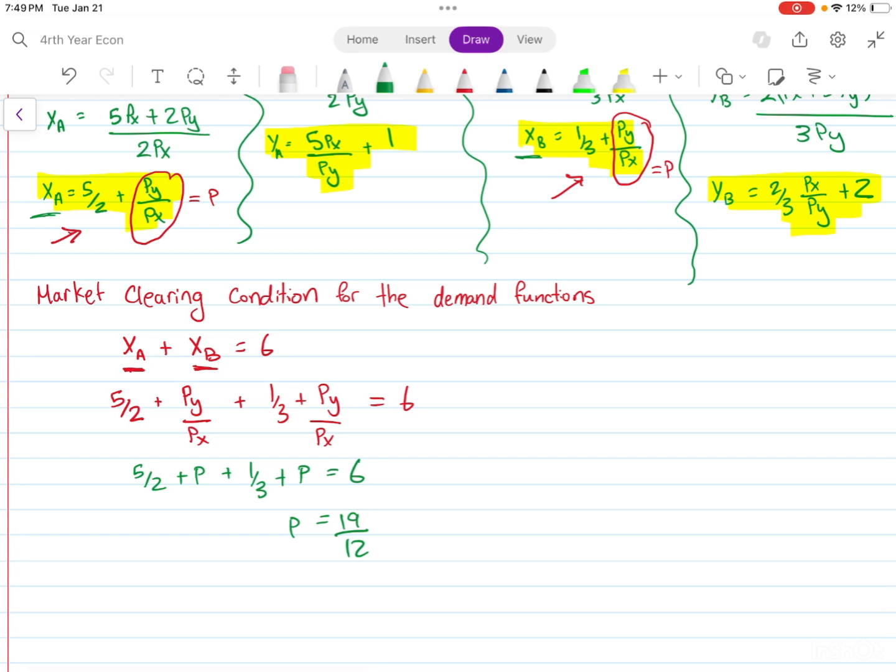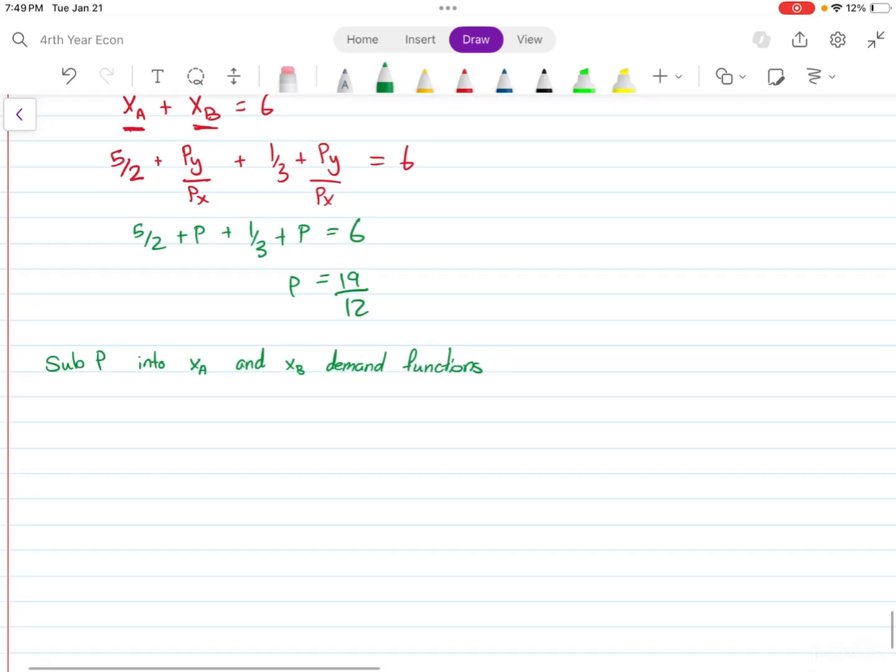So XA is equal to 5 over 2 plus 19 over 12, which is 30 plus 19 over 12, equal to 49 over 12.